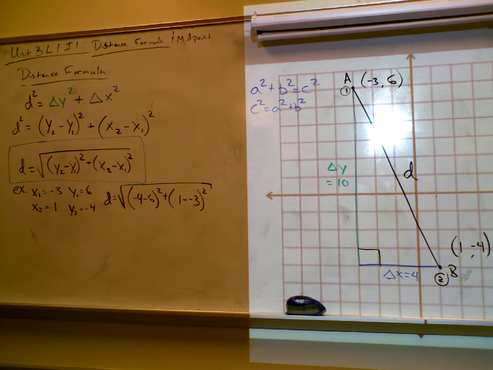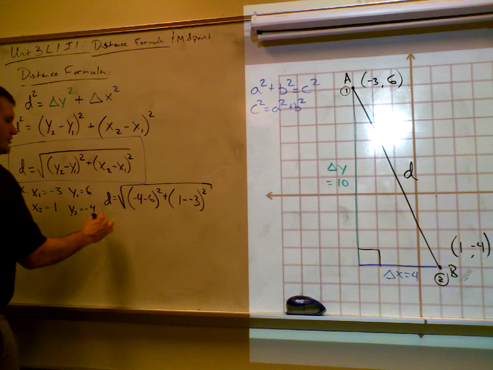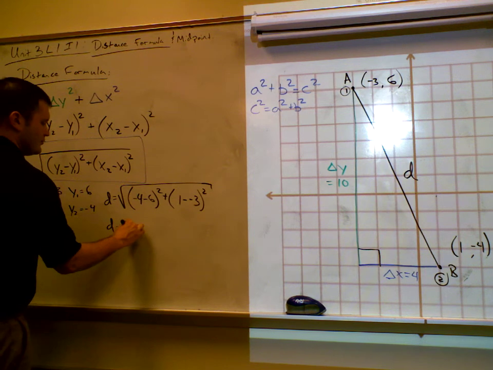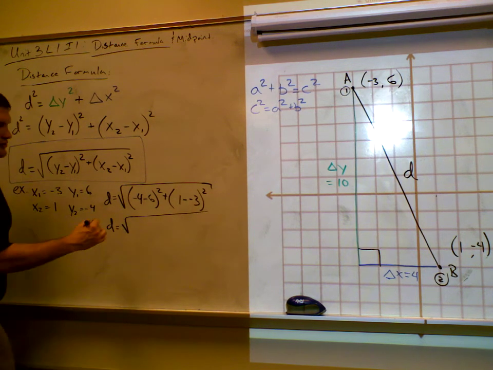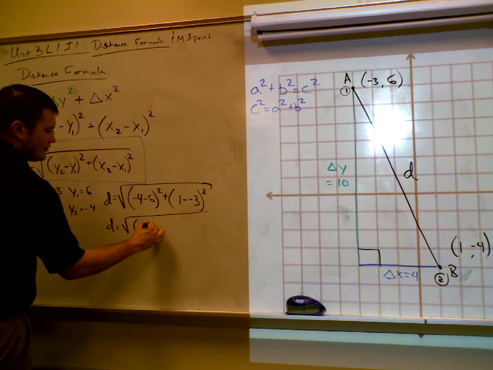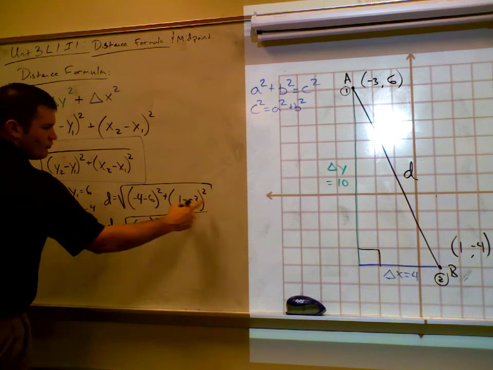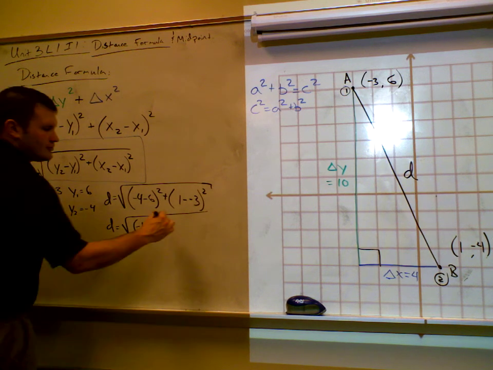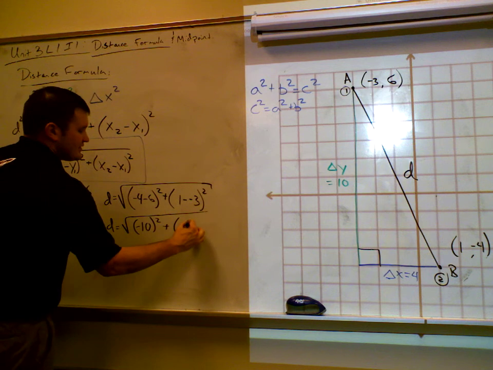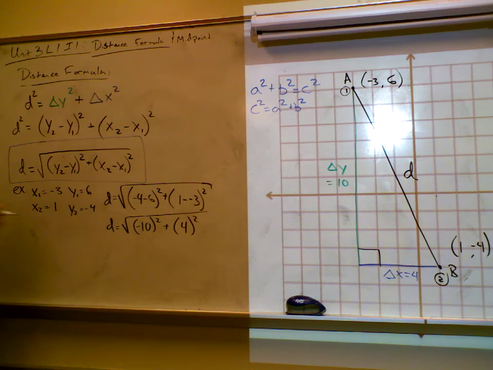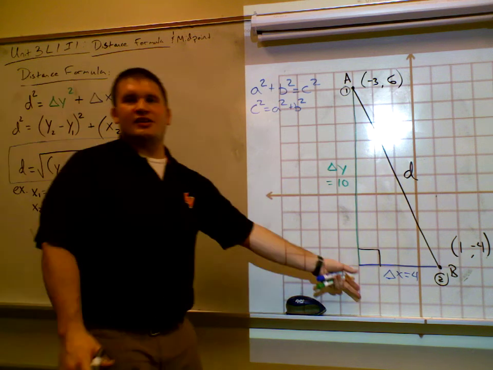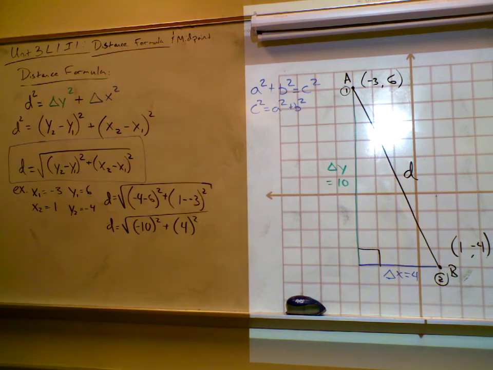Does anyone know what -4 minus 6 is? -10. Okay? 1 minus -3? Positive 4. I think I've seen 10 and 4 before, didn't I? Yeah, the 10's over here, the 4's right there. Coincidence or not? It's not a coincidence.